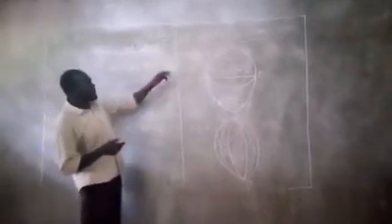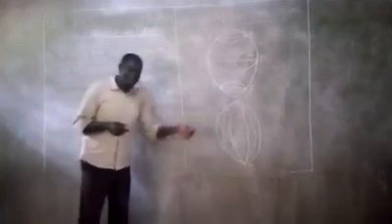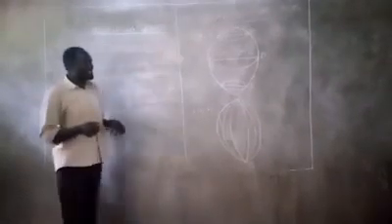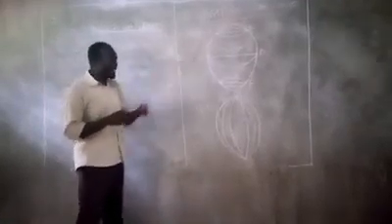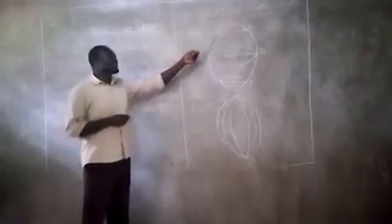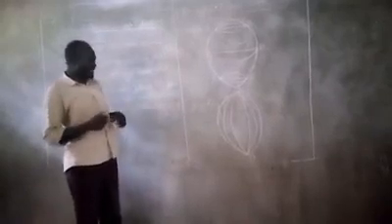Now, the circles with the diameters AB and EF do not divide this sphere into 2 equal hemispheres. Because of that, we say the circles with diameters AB and EF are small circles.